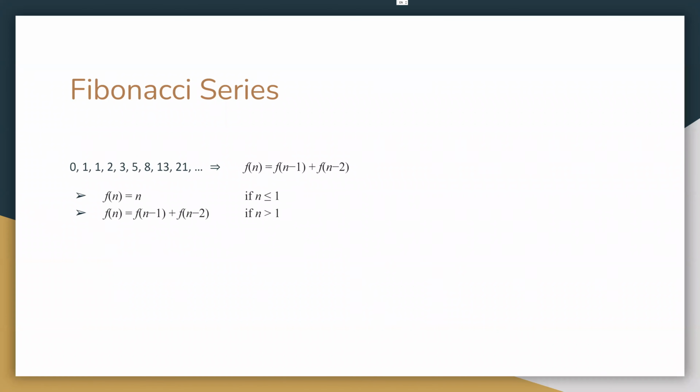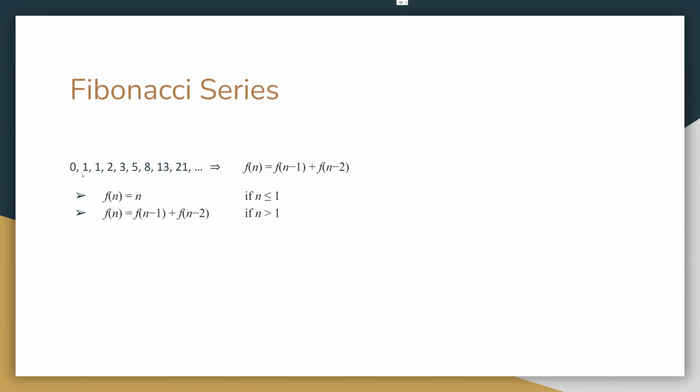I guess everybody knows the Fibonacci numbers. Have you all learned this in school? The Fibonacci series starts with 0, 1, and then the next number is the sum of the previous two numbers.